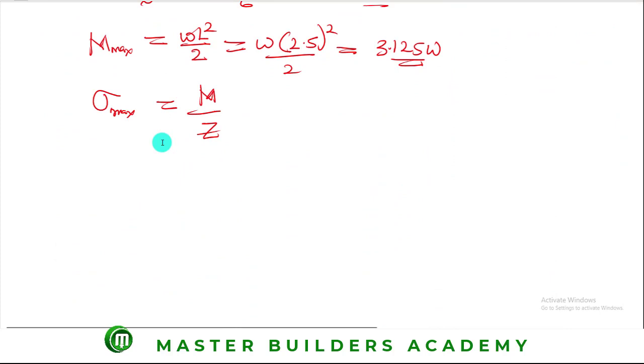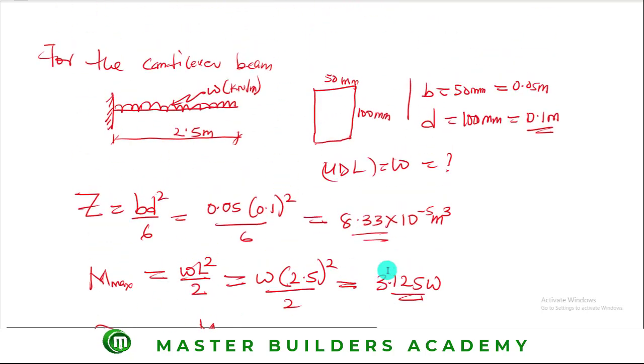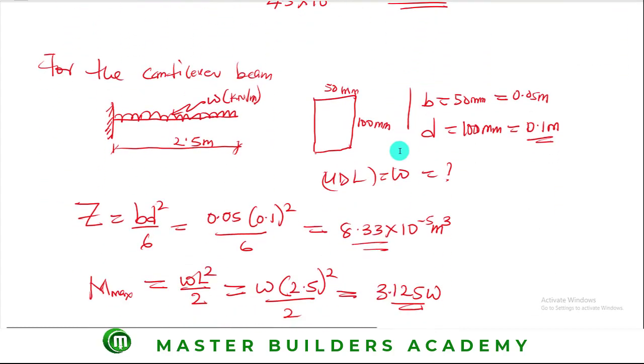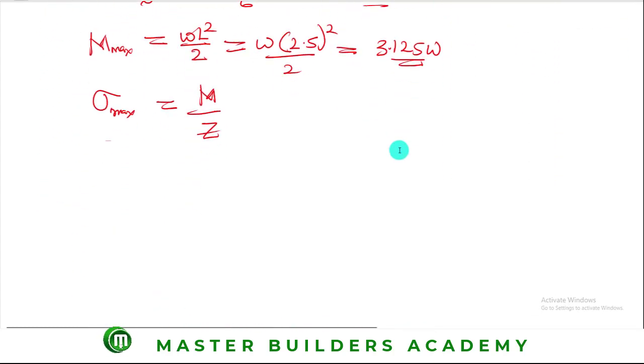What it means is that this stress is the same as the one we have already obtained. So we just need to substitute the stress we had before here. If you come up here, you will find that that stress is 1.11 multiplied by 10 raised to the power of 9. So we'll come here and do that substitution.